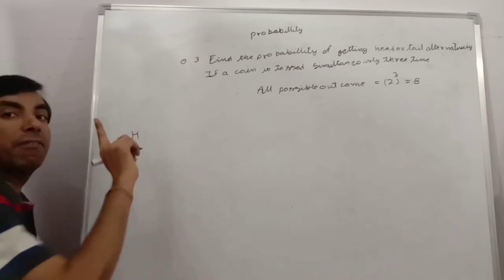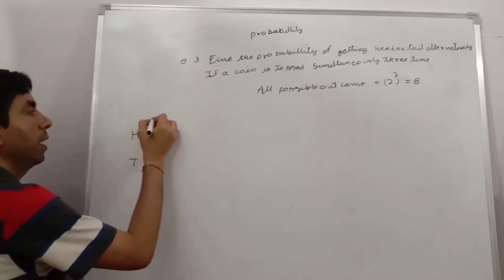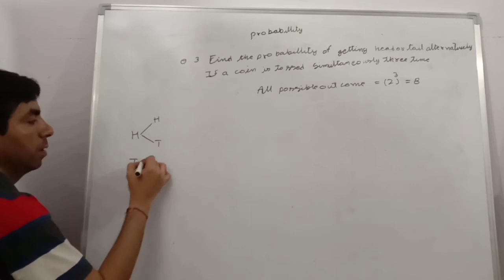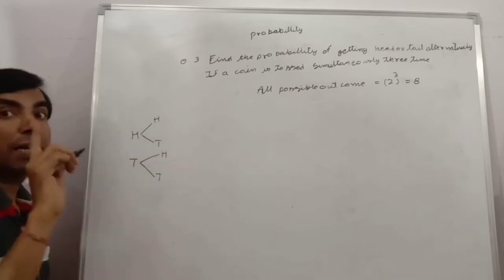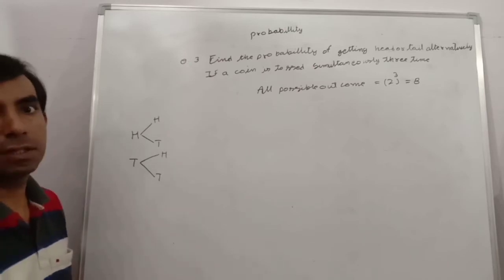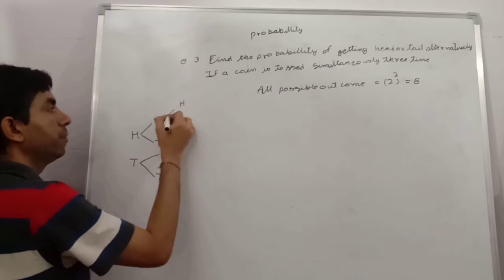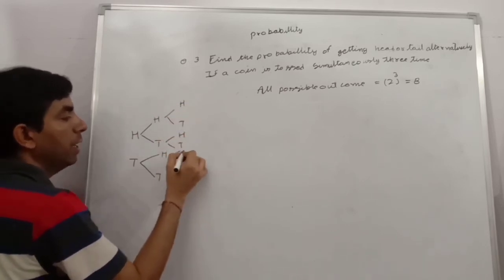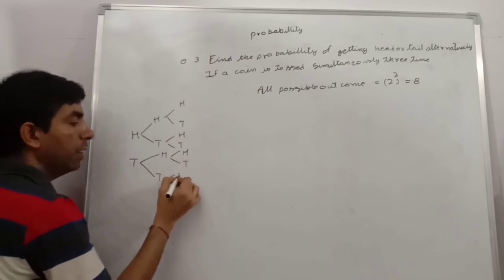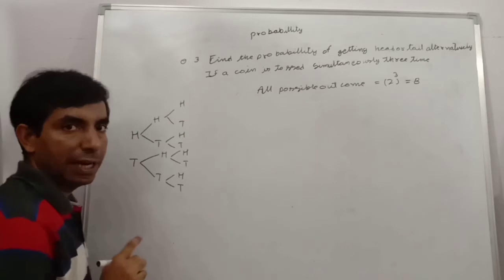But each has again a second time, one head, one tail. And the third time again each event has 2 possibilities, one head, one tail.